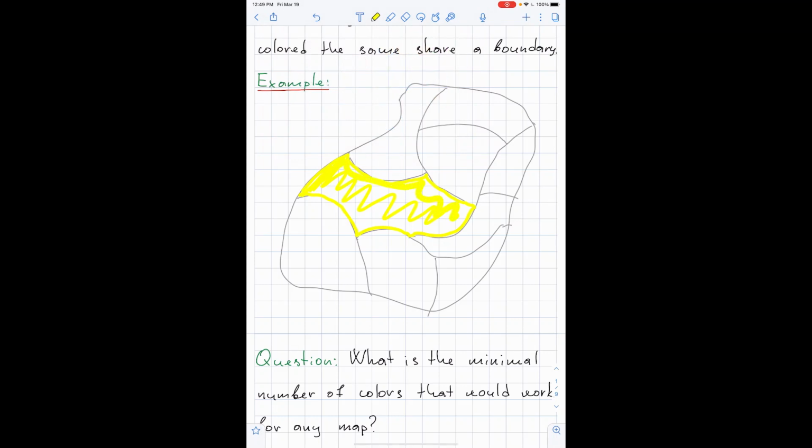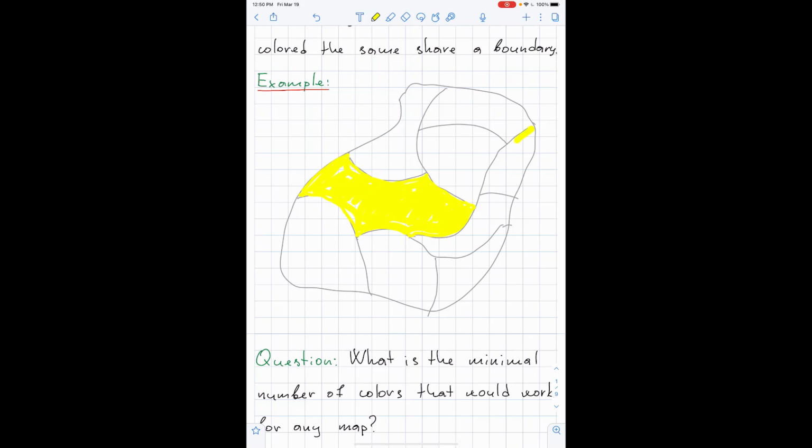Maybe I should not be so precise because it takes time. All right, this is yellow. Now I cannot color its neighbors in yellow, but I can color some of the further away countries in yellow.